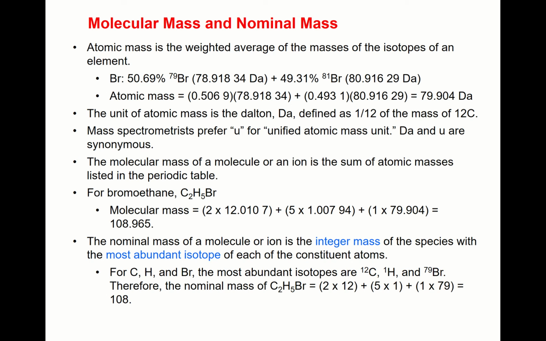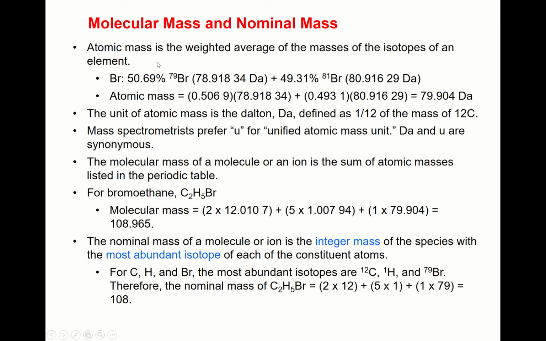All right, atomic mass is the weighted average of masses of the isotopes of an element. In every chemistry textbook, usually on the front cover, there is a periodic table, and the periodic table gives much information, especially for every element.